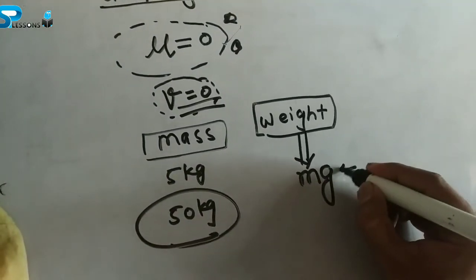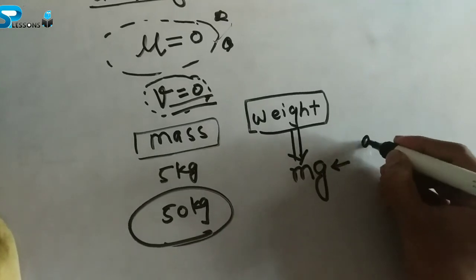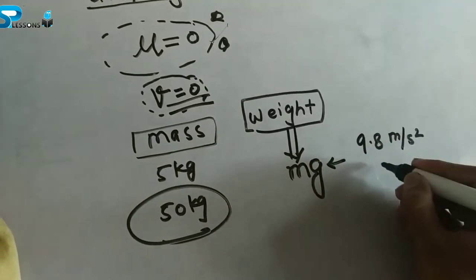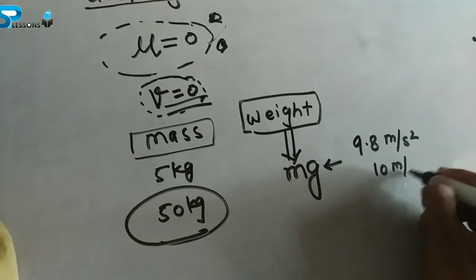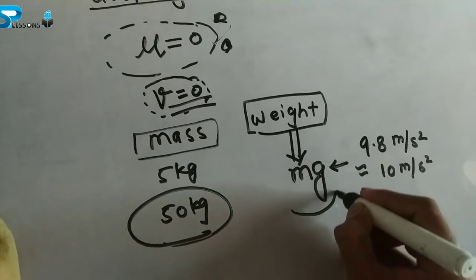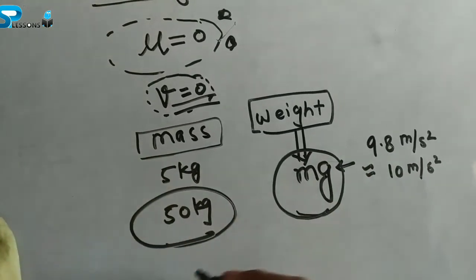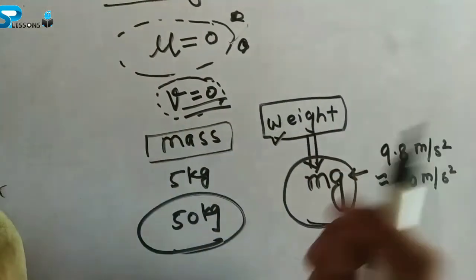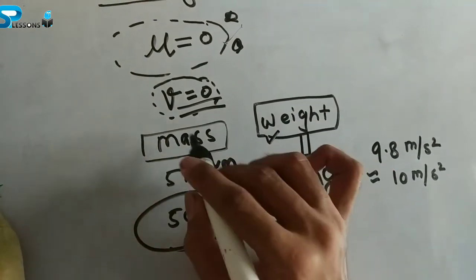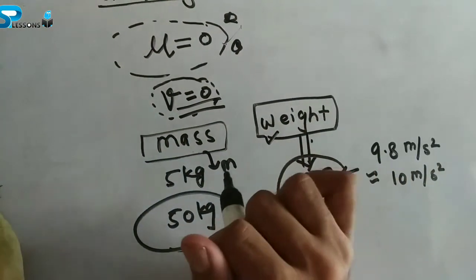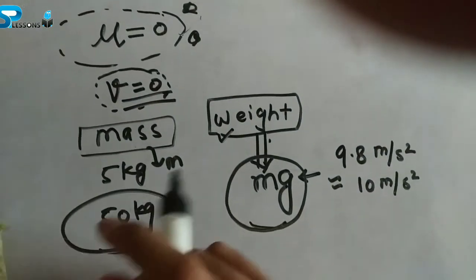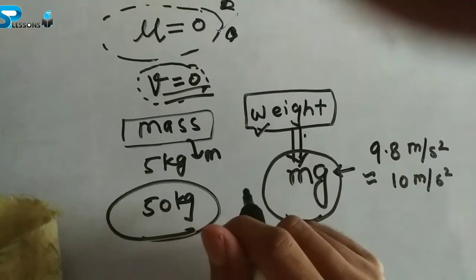Here small g is the gravitational acceleration having value 9.8 meter per second square, or generally we say 10 meter per second square. So mass multiplied by small g gives weight. This is small m. When we multiply by g, we get weight. So this is the basic terminology we can start with.